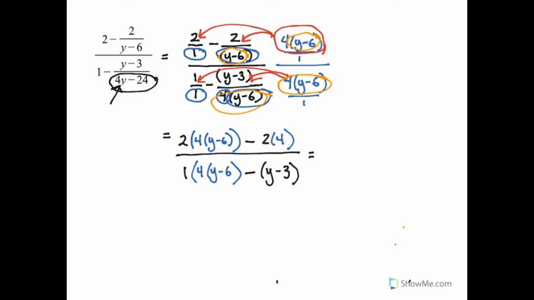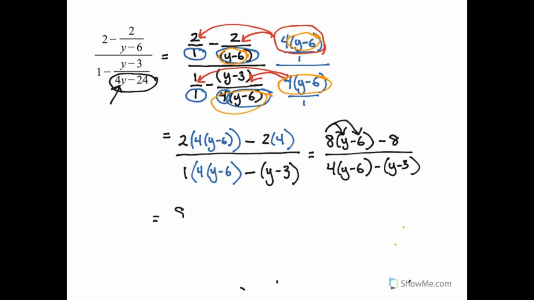Now I'll simplify. So 2 times 4 is 8 times y minus 6 minus 8. And on the bottom, I have 4 times y minus 6 minus y minus 3. I gotta keep simplifying. So 8 times y minus 6 is 8y minus 48 minus 8.